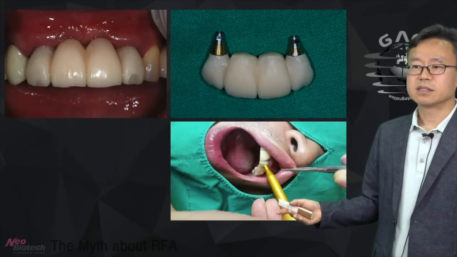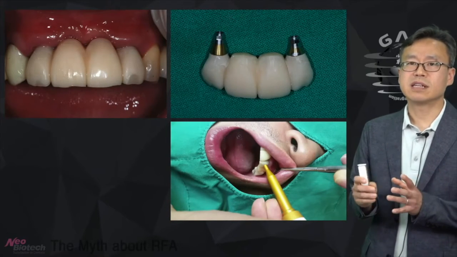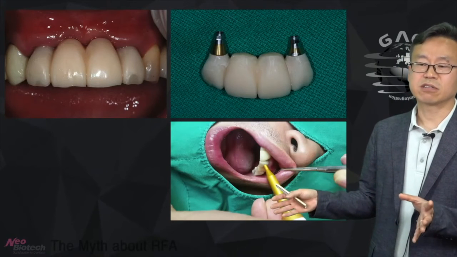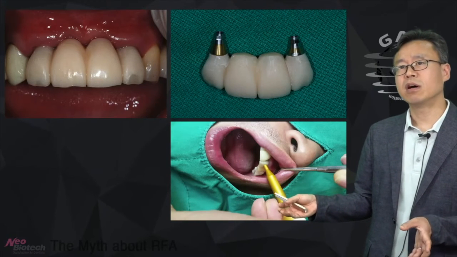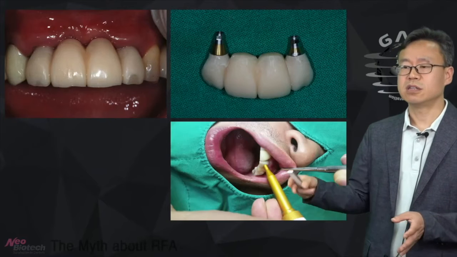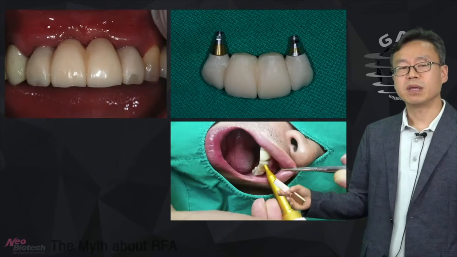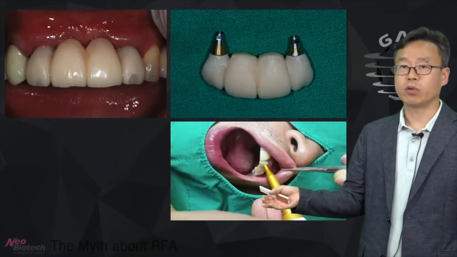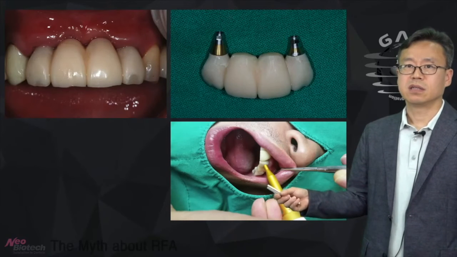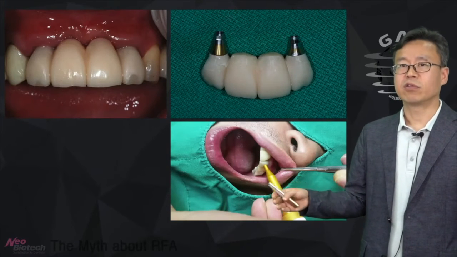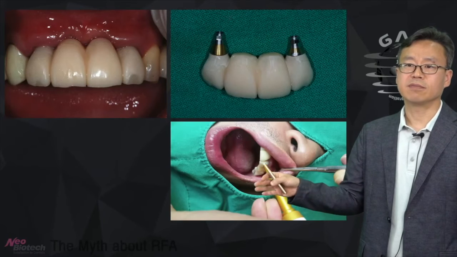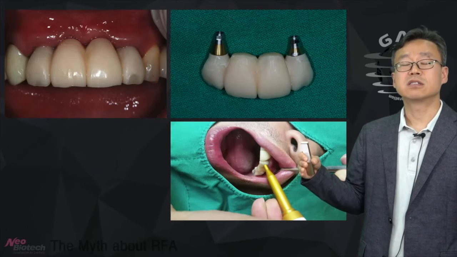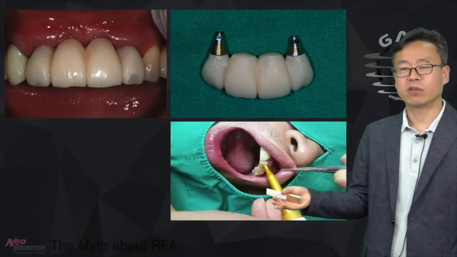But since the initial fixation was not great, you probably want to monitor the implant stability for a certain period of time. For me, it's usually 4 weeks. I monitor the implant for at least 4 weeks and then evaluate whether it can be loaded with the final restoration or not.